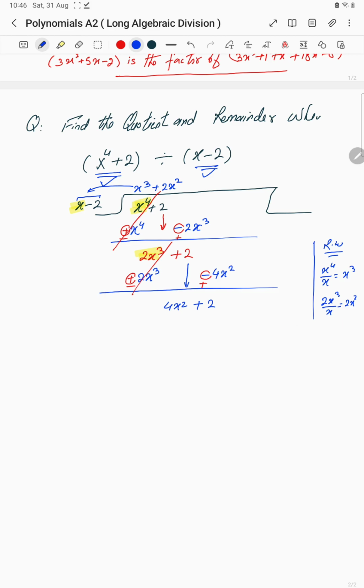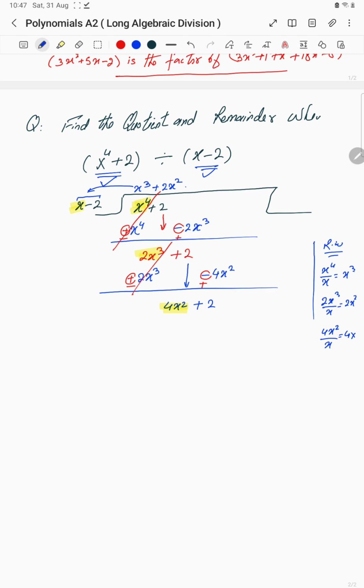Now the dividend is 4x squared, write in rough work, and divided by the divisor, that is x, we get 4x.